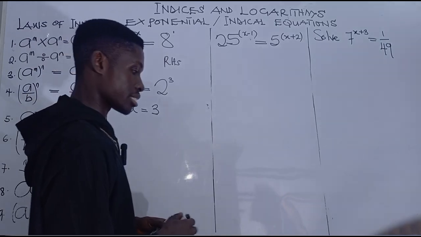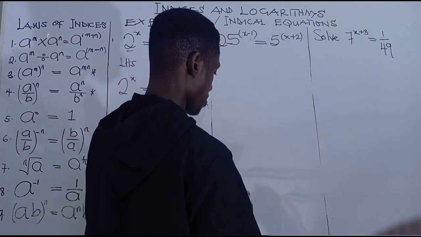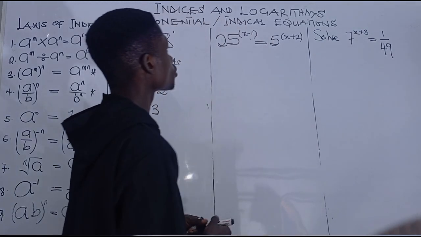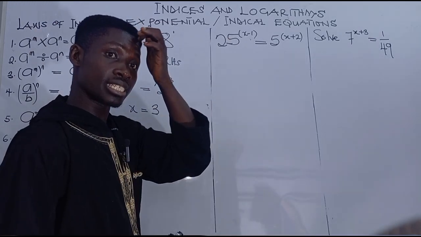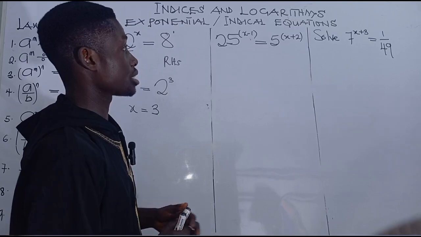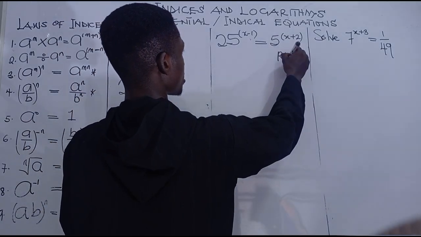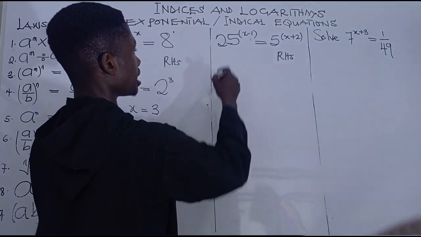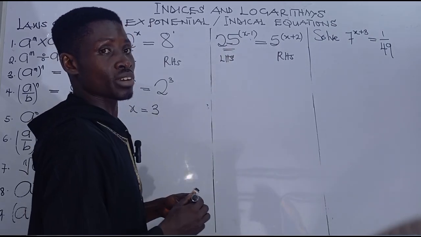Let's look at our next example. So we have our second example, we have to find the value for x in this exponential equation. So realize that on the right hand side, we have a base of 5, but on the left hand side, we have a base of 25.